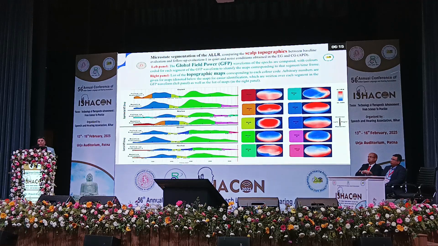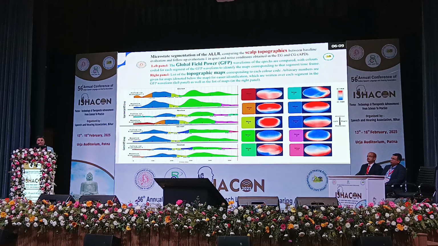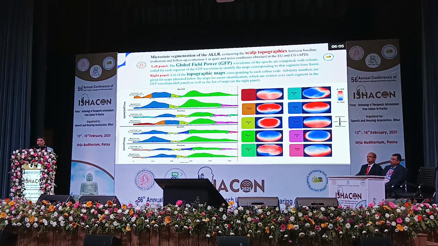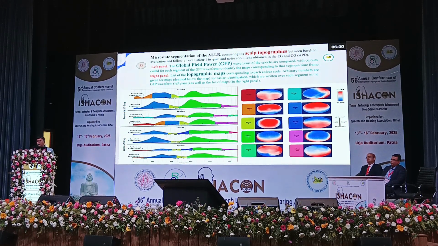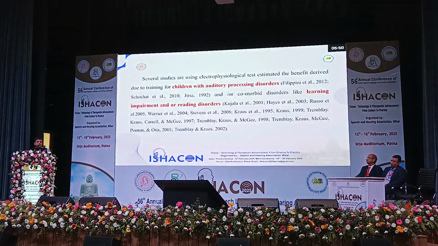You can see here blue and red combinations, which are the different random maps in quiet as well as in noise in the experimental group. And this very clearly shows that the cortical structures do have some changes, which are reflected stronger and stronger with the training, and such changes are not reflected in the control APD group, those who were not exposed to this particular computer-based auditory training.